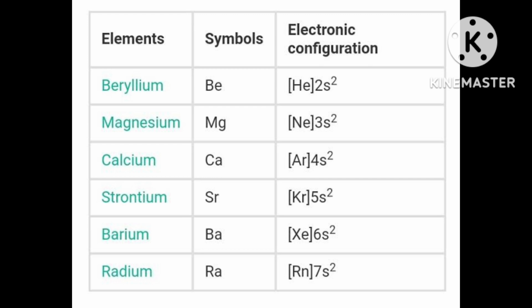Now the next thing you understand, but here an important thing: potassium is lighter than sodium. Okay, here you should understand it is an exception. A question is asked. Potassium is lighter.